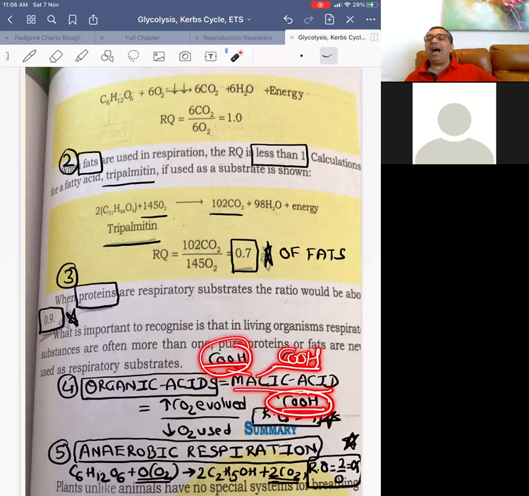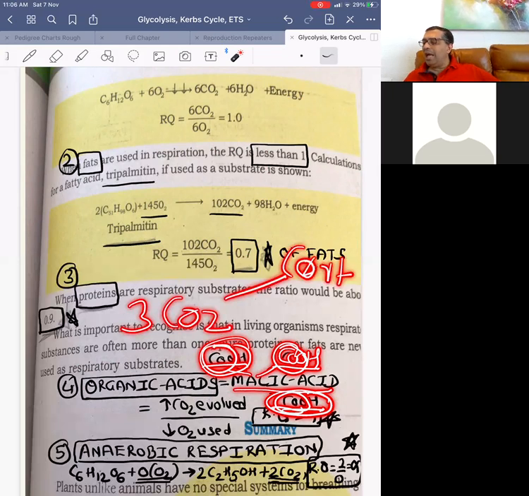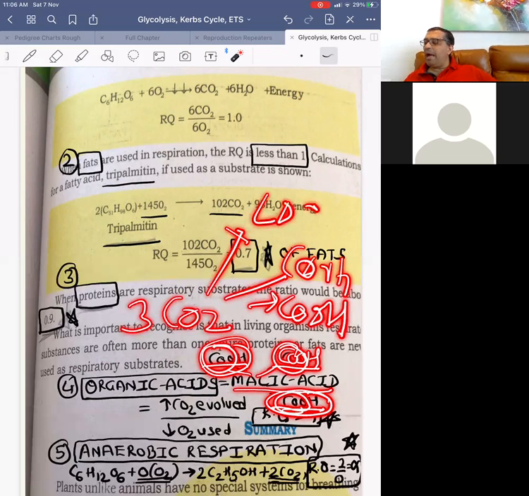Oxygen content is high, which means that CO2 will be liberated. 3 CO2 liberate हो जाते हैं from the 3 COOH. तो 3 COOH से 3 CO2 तो अपने आप ही लिबरेट हो जाते हैं.